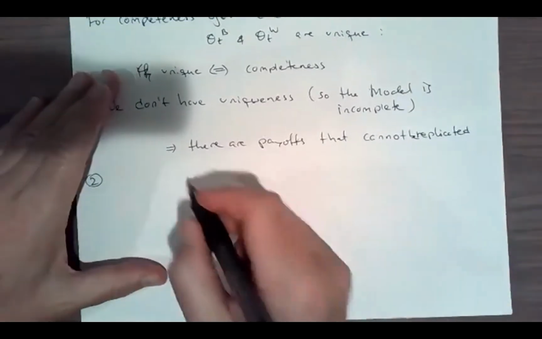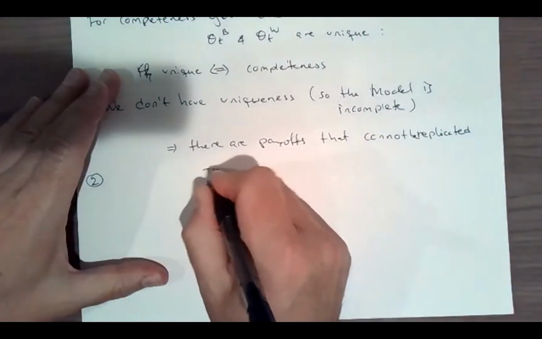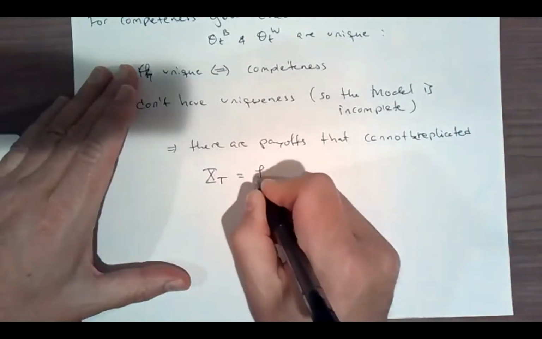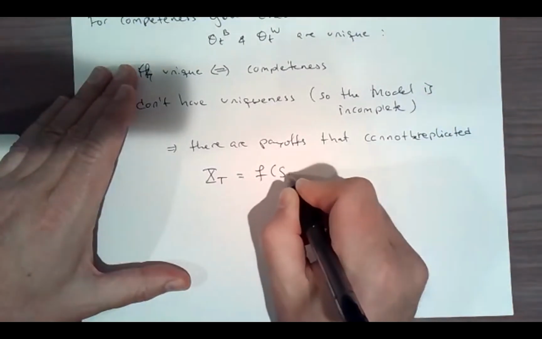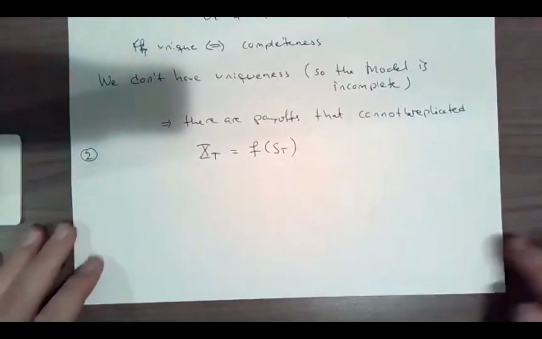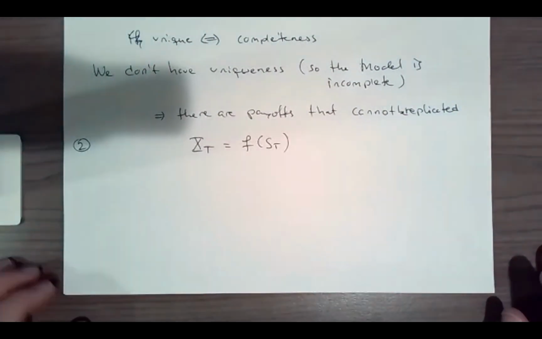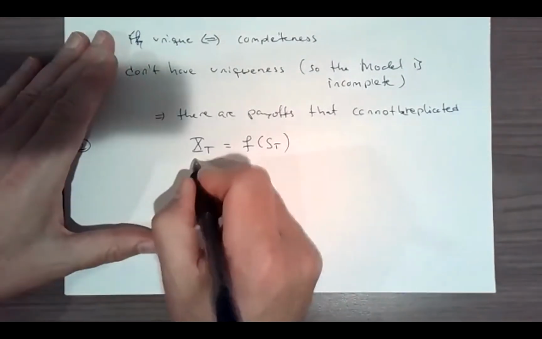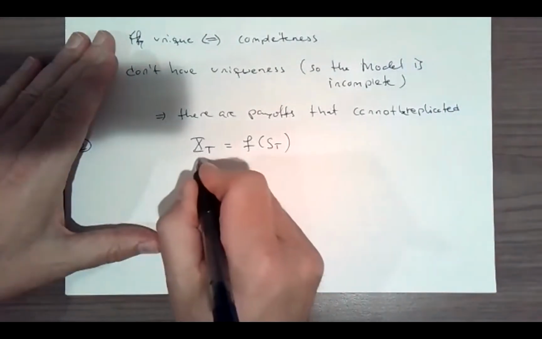Right, so we want to have our wealth xt to be such that it's equal to this function of st. That's our usual replication. And so if I want this to happen, I will now discount.